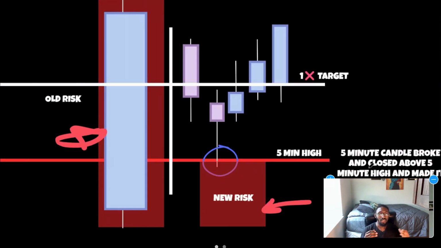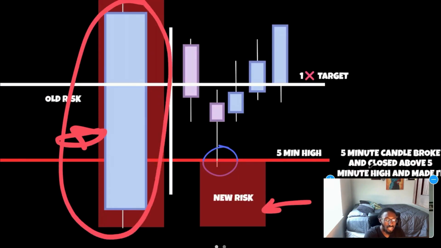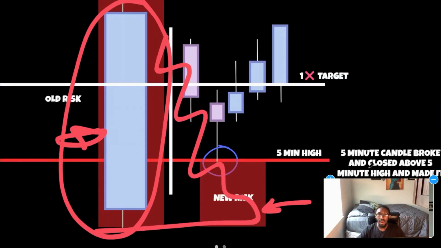Boom. So when we look at risk, on the left side here is old risk, on the right side here is new risk. And when we look at that, we see, okay, well, this is the entire candle, right? Our stop loss will always be the bottom or top of the candle that closed through our levels. Since we're going up, our stop loss would be if we came back down and closed under. We want to make double of these right here, right?